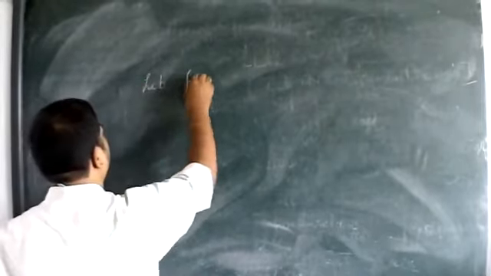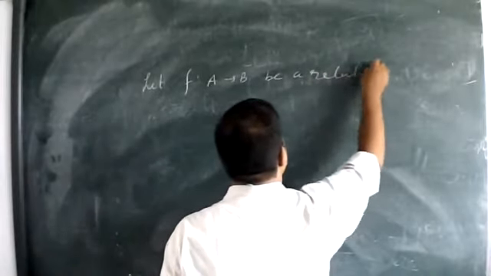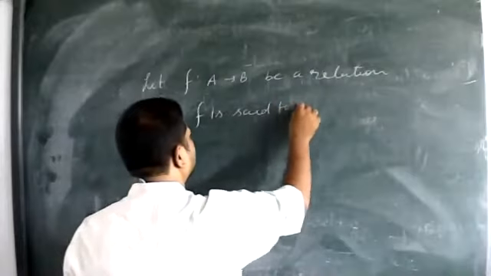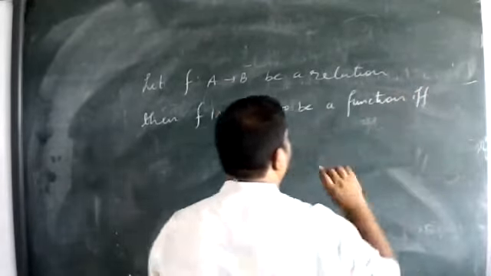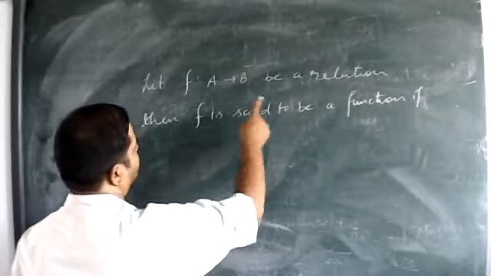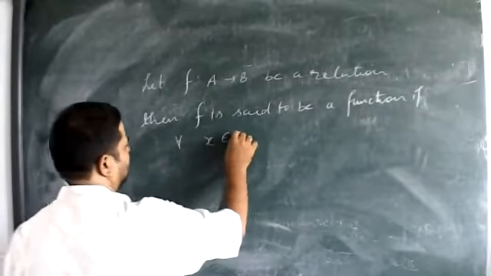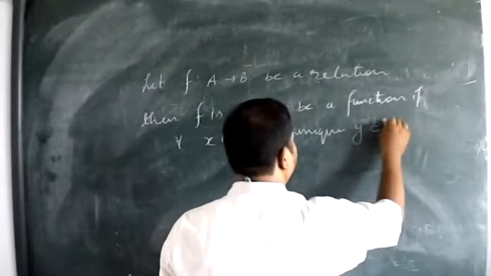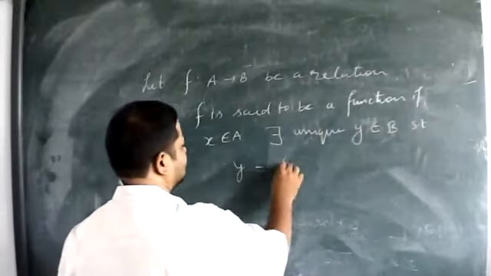Let f from A to B be a relation. f from A to B, a relation, is said to be a function if for each x belongs to A, there exists a unique y belongs to B such that y is equal to fx.